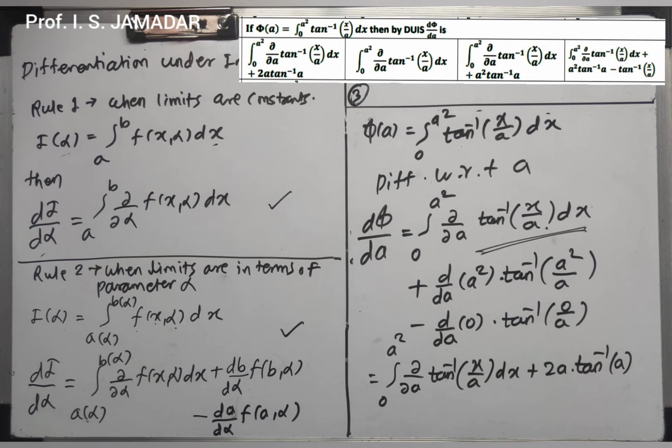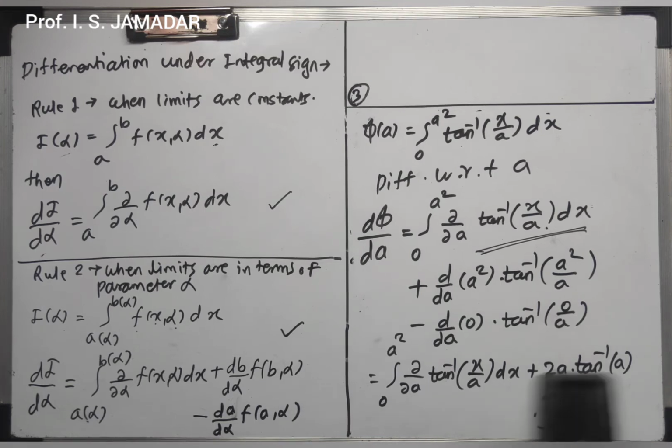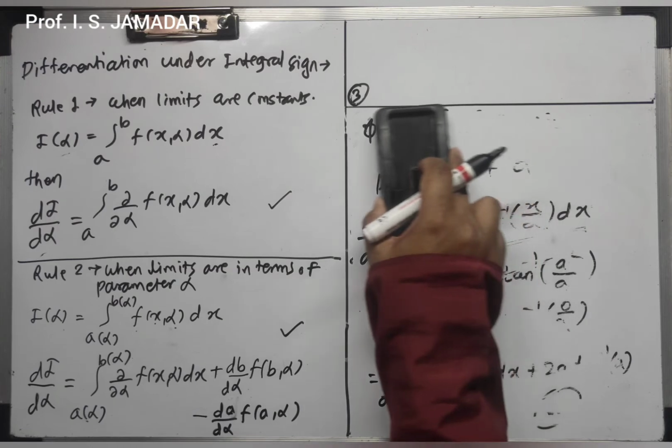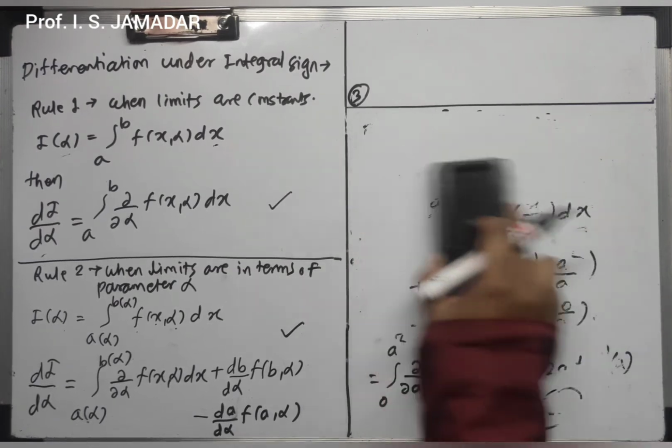Integration 0 to a square del by del a of tan inverse of x upon a dx plus 2a tan inverse of a, means option A. You can see option A is the correct answer. This is question number 3, where the limits were not constant, limits were parameters. Let us consider one more example of this type.